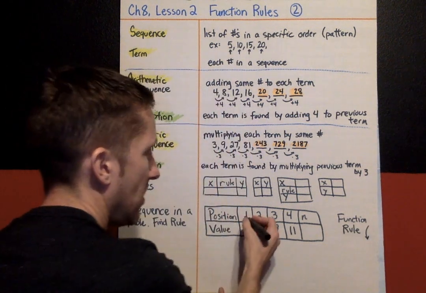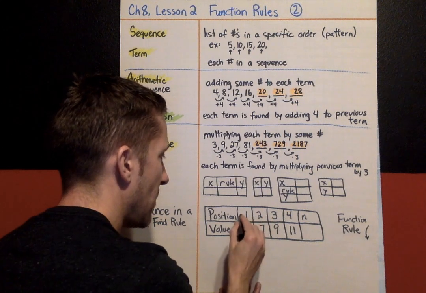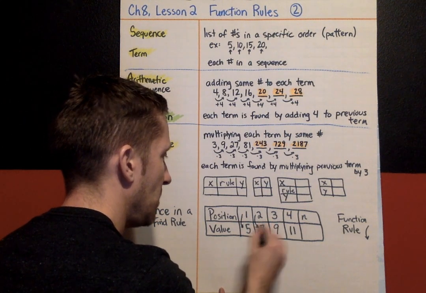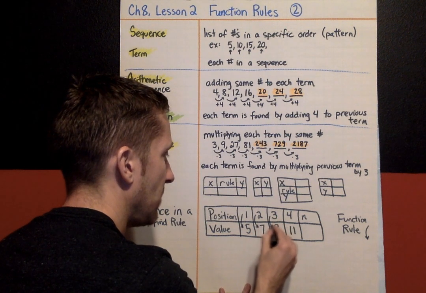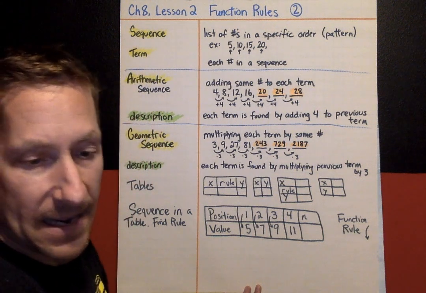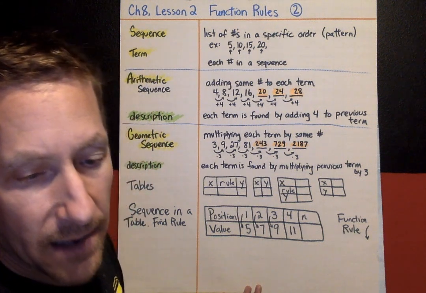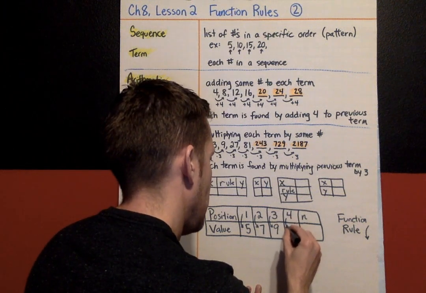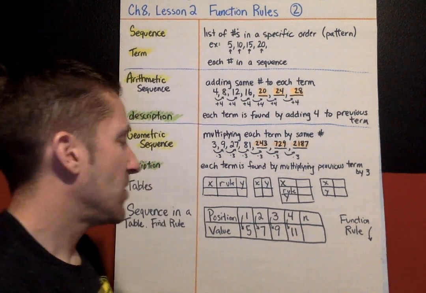In other words, what's the rule that gets me from 1 to 5? What's the rule that gets me from 2 to 7? What's the rule that gets me from 3 to 9? And what is the rule that gets me from 4 to 11?